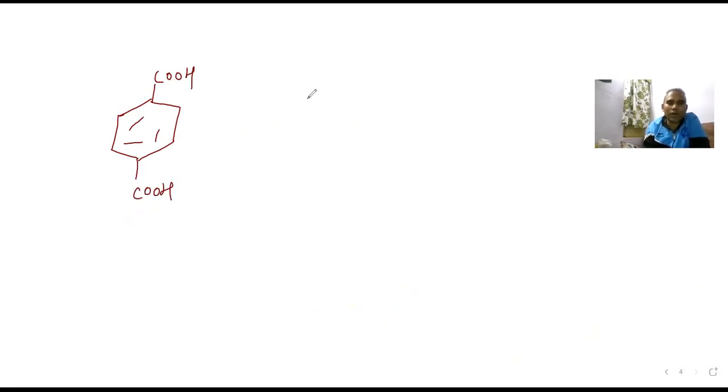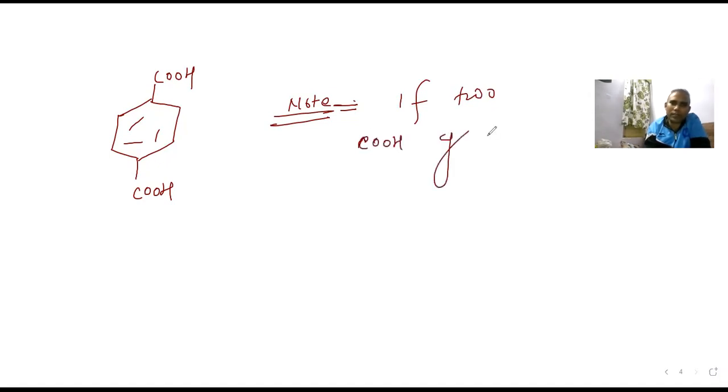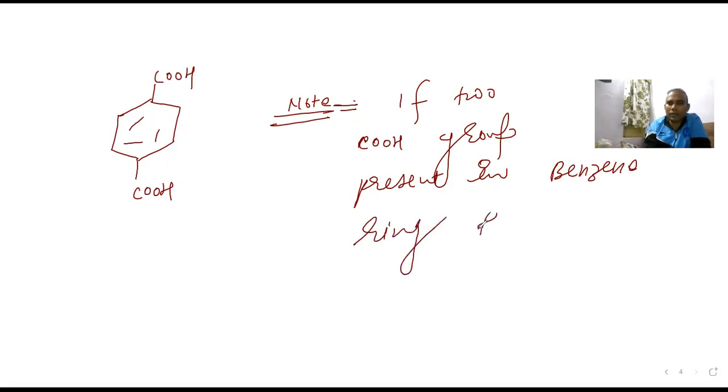Okay, sir. Wait, Jana. Note: if two COOH groups are present in a benzene ring, then its name will be dioic acid, benzene dioic acid.